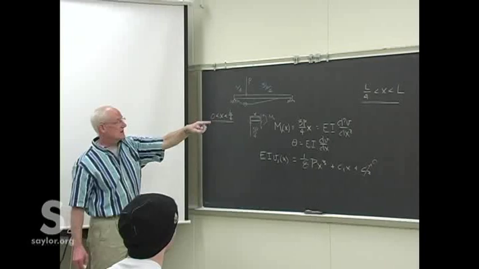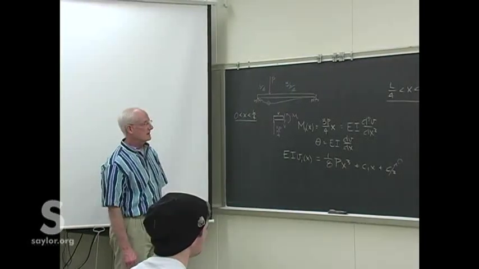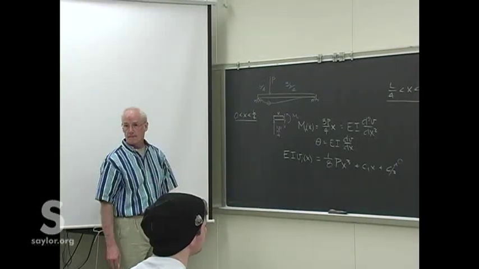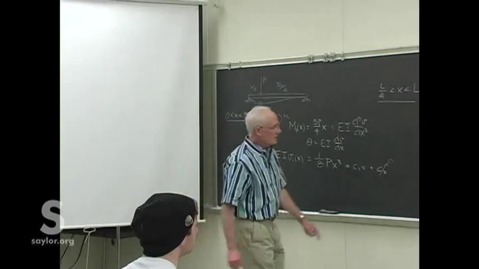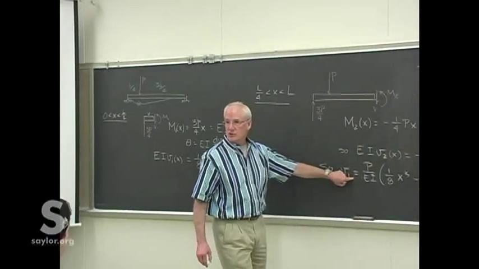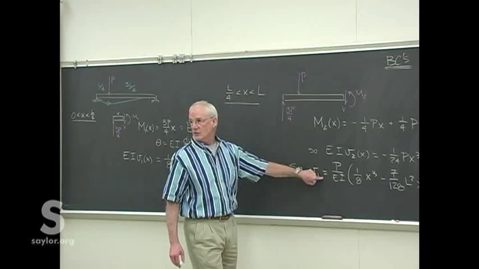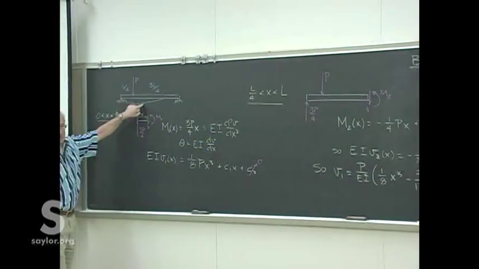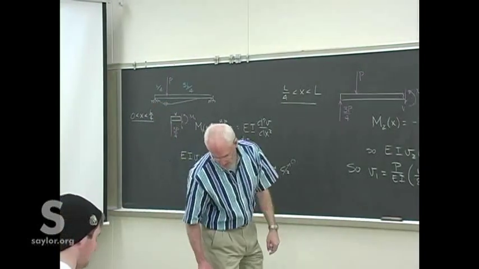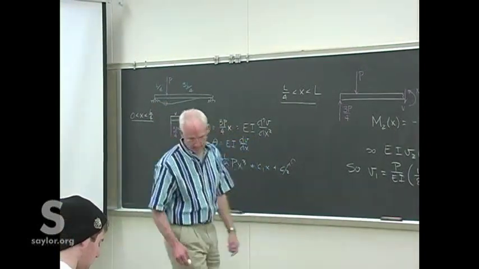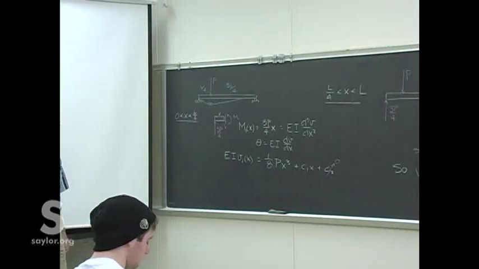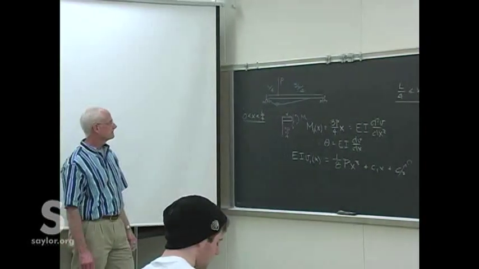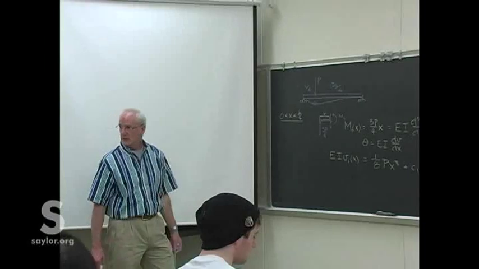Then you need to do the same thing for the other side, V2. And if you differentiate this, you'll find that it doesn't equal 0 anywhere on this side of the beam, that the low spot, I believe, is on the other side of the beam. At least I think it is. I think that's the way it goes. Anyway, you can find out.